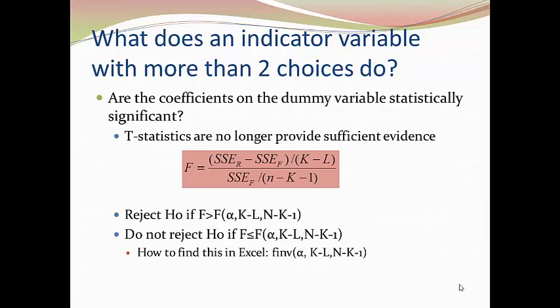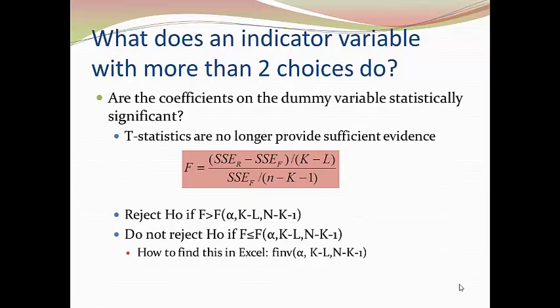Now I'm saying all, but it's actually the total number of categories minus 1 that you're going to consider. And your reduced model would be your model without any of the indicator variables. And then your H0 would be that the indicator variables do not add to my regression or are not statistically significant. All of their betas are equal to 0. And your HA would be that they do add value to your regression.